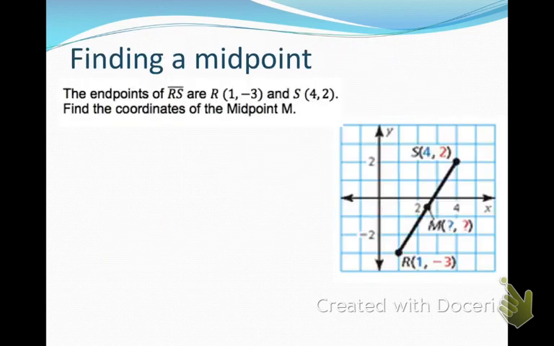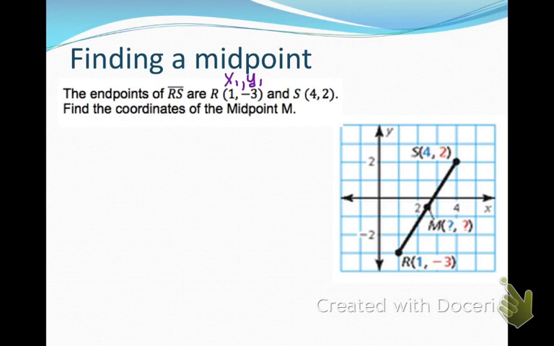So let's try this. Say that I have the endpoints of a line segment RS, and they are (1, -3) and (4, 2). I want to find the coordinates of the midpoint M. Well, I can kind of guess by looking at my graph here, but to be exact, I would need to use my formula.